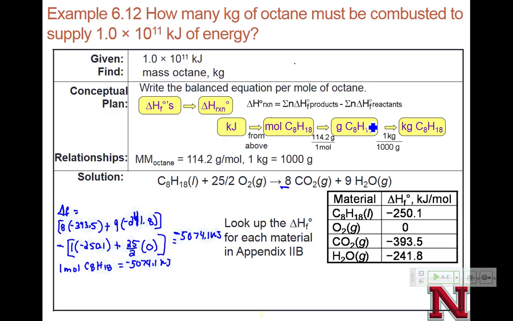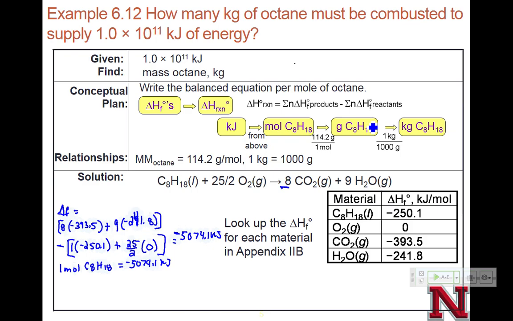And we want to know how many kilograms of octane must be burned to form 1.0 times 10 to the 11 kilojoules of heat, which is much more heat. Now don't get confused, because this is a negative number and this is a positive, because what we're describing here is the surroundings. So that means that the system is losing negative 1.0 times 10 to the 11 kilojoules of energy. And this is just tying it into what we did before.